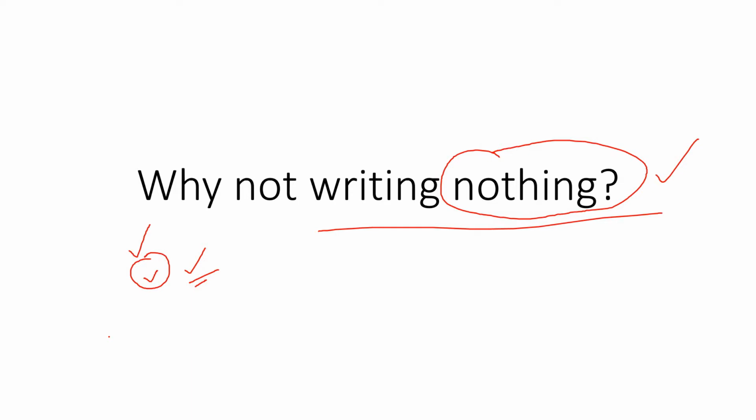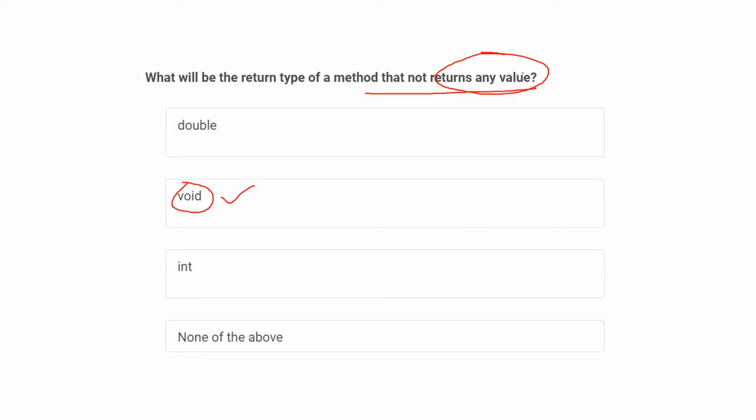Another important reason why we use void instead of writing nothing is kind of a historical reason. In C, whenever we had not defined any return type for a particular function, by default the return type was integer.